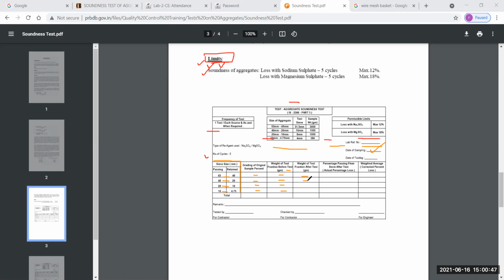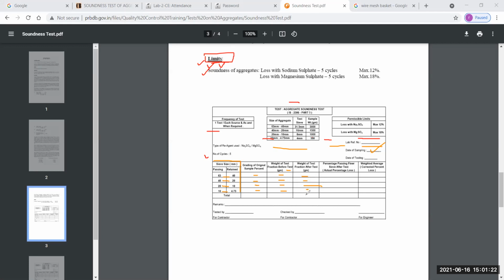Our IS code, IS 2386 part 5, which describes this test, says the maximum limit allowed for soundness of aggregate loss due to sodium sulfate when we use 5 cycles is 12%, and for magnesium sulfate when we repeat the test for 5 cycles, the maximum deterioration or weathering action on an aggregate allowed will be 18%. The weight of test fraction after the test will be written here.